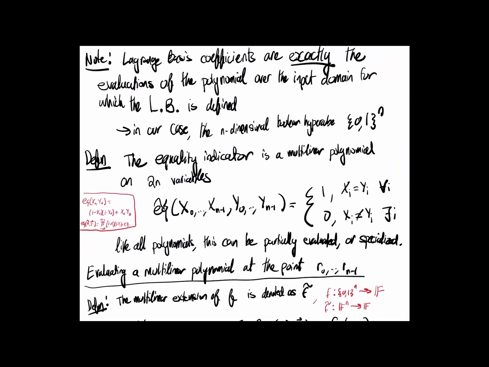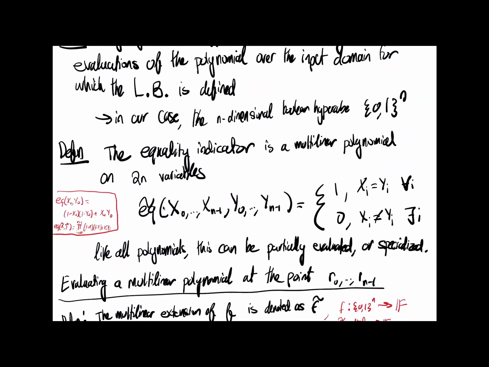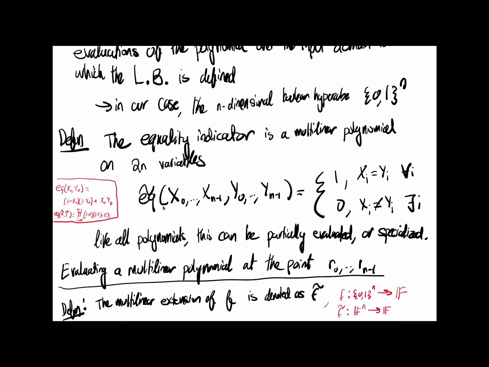Great. Now, let me talk about something called the equality indicator, which is a multilinear polynomial on 2n variables. This is also an indicator polynomial. Basically, if you take in a 2n-length bit string, if the first half is the same bit string as the second half, you get 1.